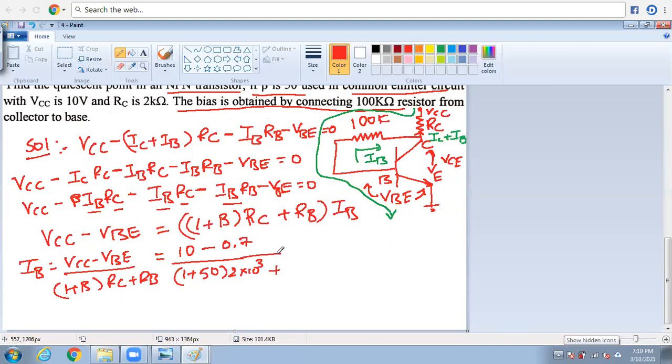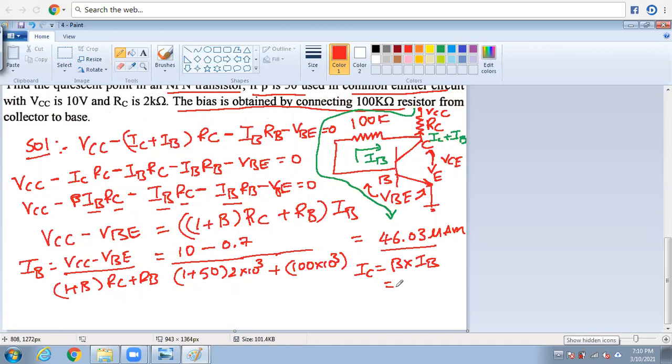RB is also given by the examiner, 100 kilo ohms, 10 to the power of 3. Doing all the mathematical calculation, we will get IB equal to 46.03 microamperes.